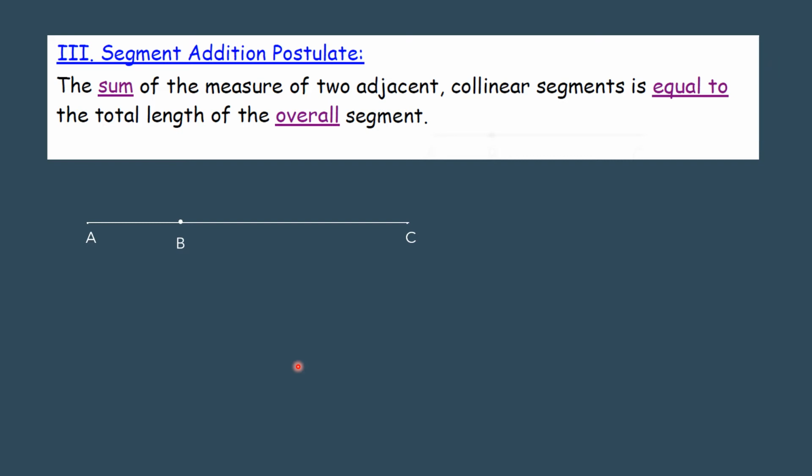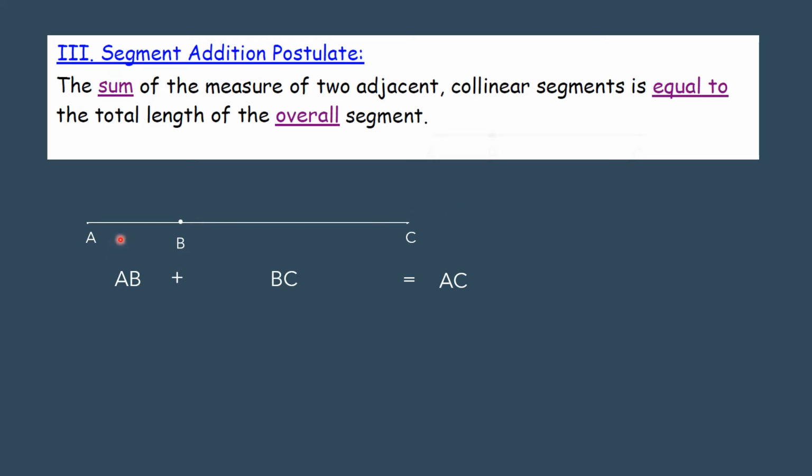But the ultimate goal is that you have 2 segments that are in a line that are adjoining or touching. The measure of the first segment plus the measure of the second segment together become the overall length from beginning to end.